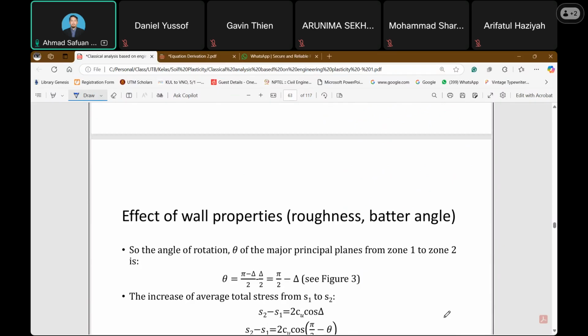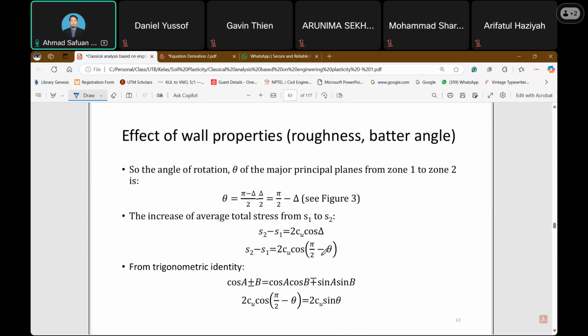Put the theta inside the delta. So based on these equations, the theta is equal to pi over 2 plus theta. Then put these equations to replace the delta.